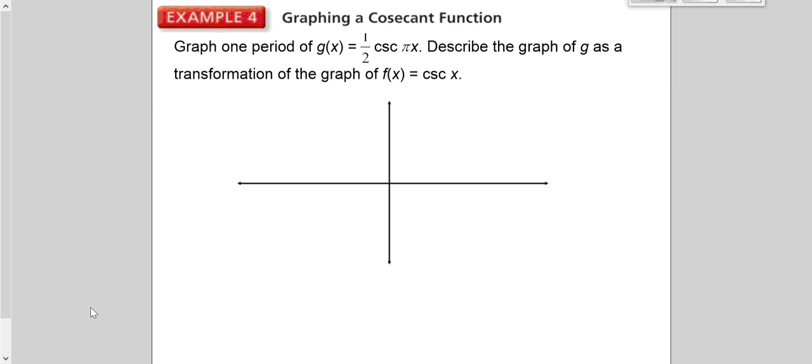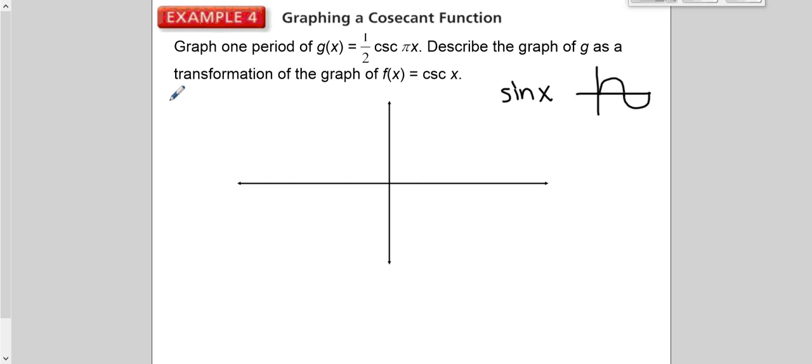Example 4. Graph a cosecant function. All right, cosecant is the reciprocal of sine. What does sine of x look like? Does it start in the middle or does it start at the top? It starts in the middle. We get a hill and then a valley.